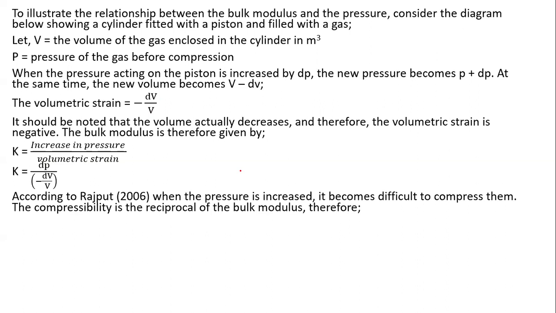Then below there, you can have that volumetric strain coming out. Now, here, you can still have dP over that one, because what you are simply doing is making the bulk modulus the subject. So you can have dP, or the change in pressure, divided by the volumetric strain.